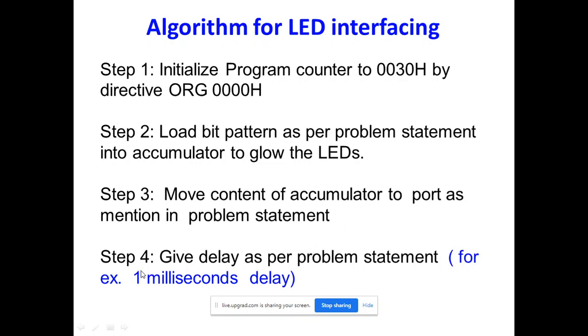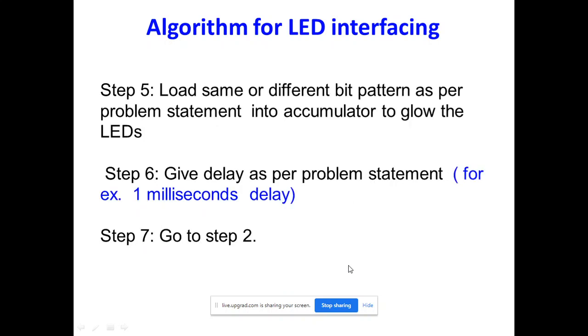Then give the delay, because the speed of the controller is so fast that a human being is unable to see that variation. To avoid that, we introduce a delay in between, because a human being wants to see the variation, and that's why we give the delay as per the problem statement. Then the fifth step is to load the same bit pattern or a different bit pattern as per the problem statement.